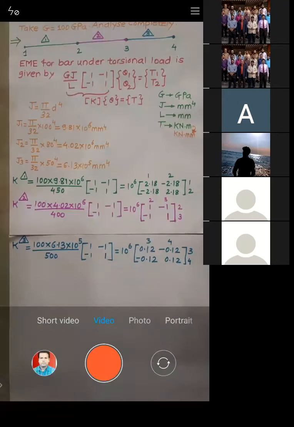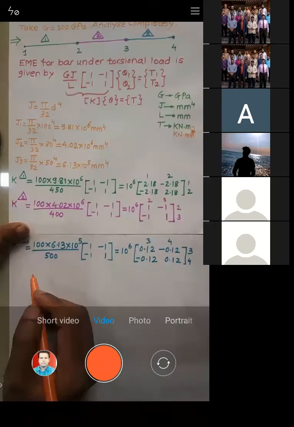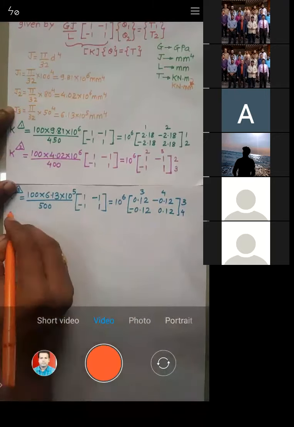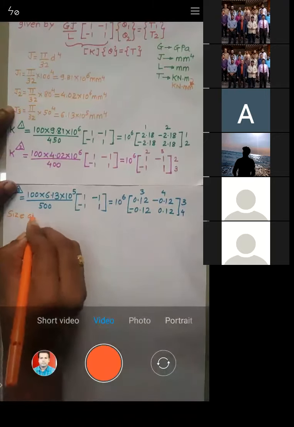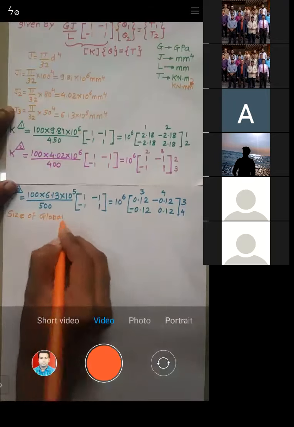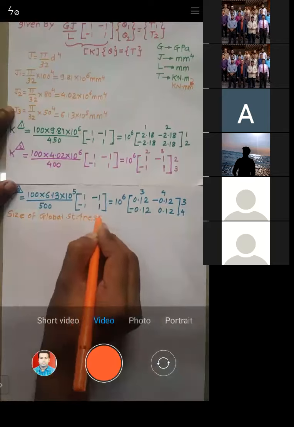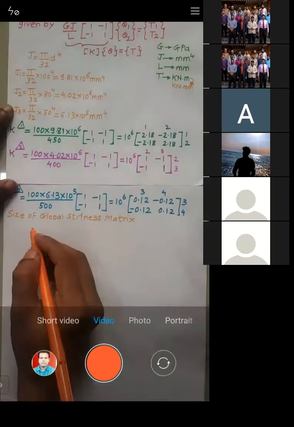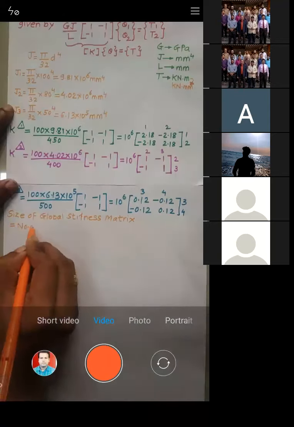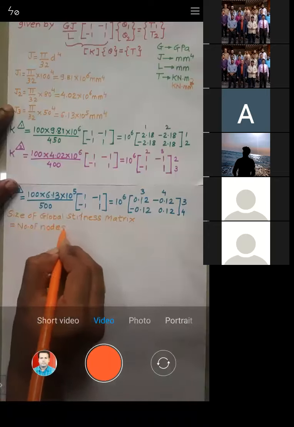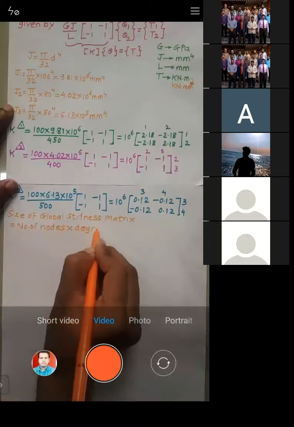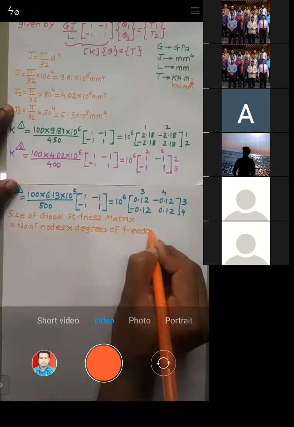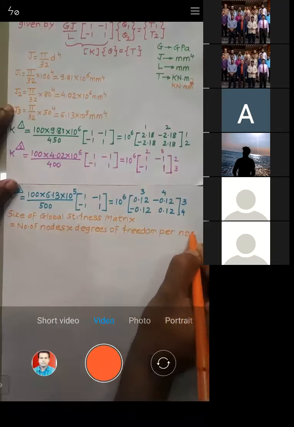Now what we will do, we have the element stiffness matrices. Now we need to calculate the global stiffness matrices. This is very important now. For that we need to determine the size of the global stiffness matrix, and the size of the global stiffness matrix will be determined by the number of nodes multiplied by the degrees of freedom per node.